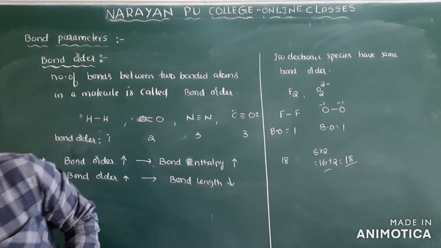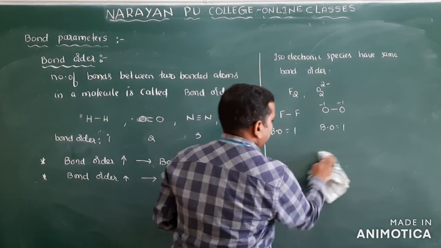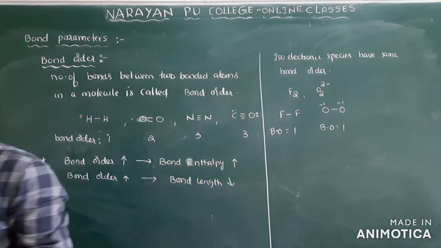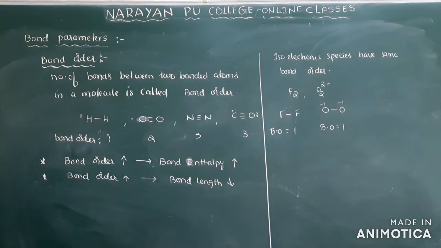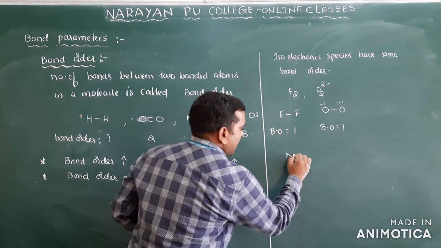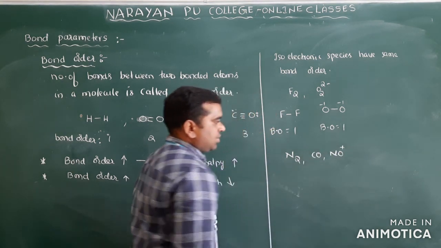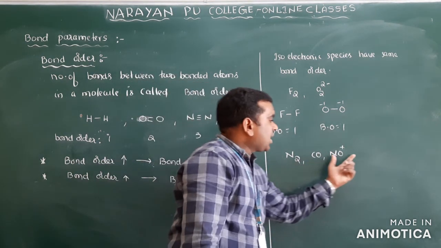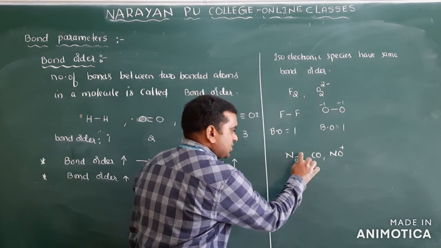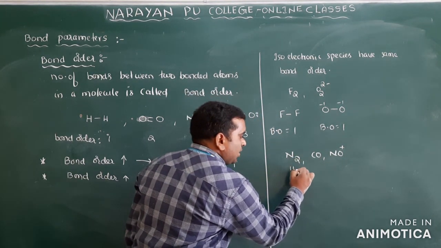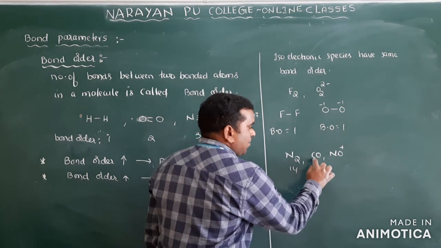In the same way, another example: N2, CO, NO plus. Clear? These are all isoelectronic species. Nitrogen: 7 into 2, 14.